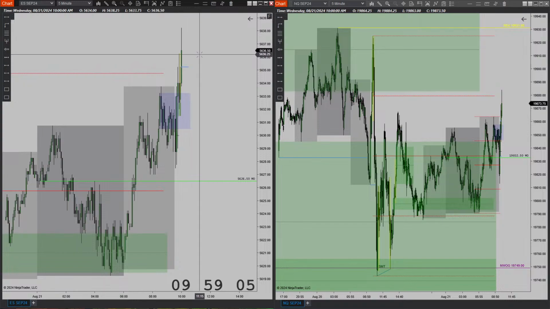It would be beautiful if it closed above this area here. I don't want to see it close below. All right, so we got 30, 40 seconds before the close of this candle. And the 1 hour is very bullish.